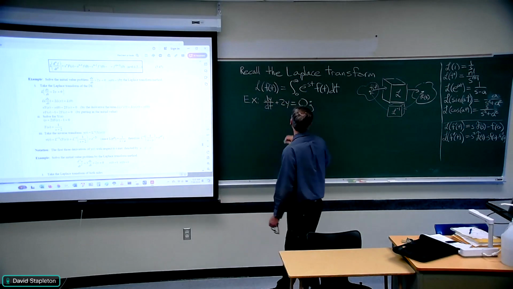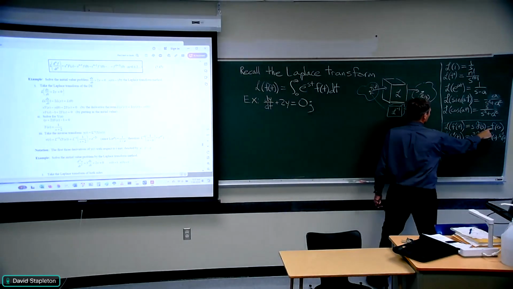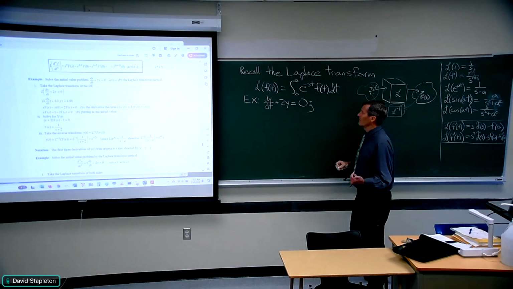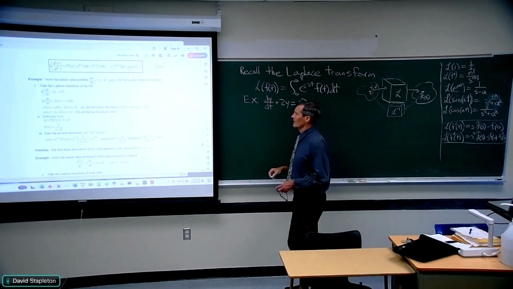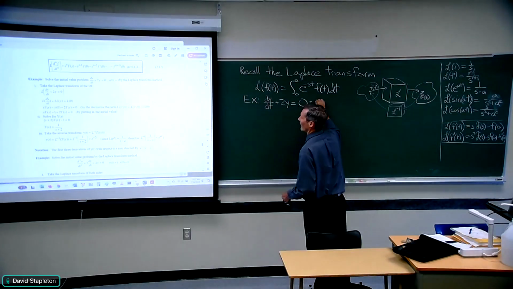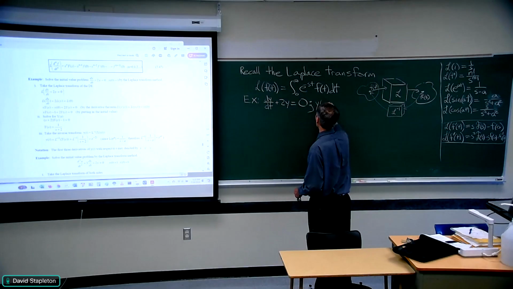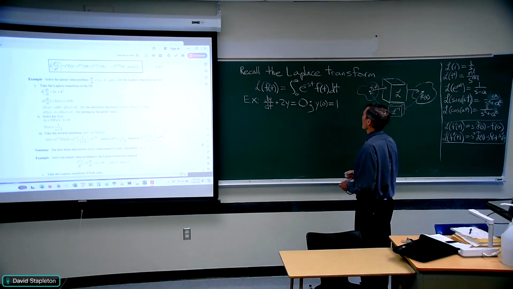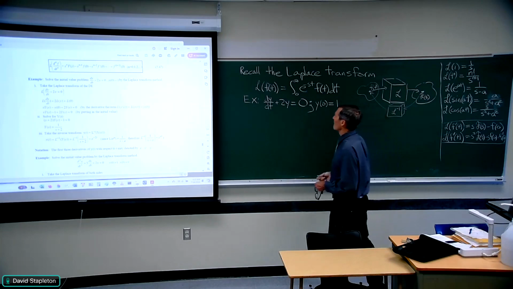And the Laplace transform, as you can see by this theorem for the derivatives, is really set up not for differential equations alone, but for initial value problems. So I'm going to give the differential equation together with an initial value 1 when t equals 0. So here's my initial condition, y of 0 equals 1. And we'll say, can we solve this with the Laplace transform with a little more work than we did before?